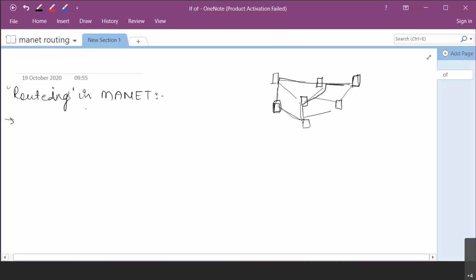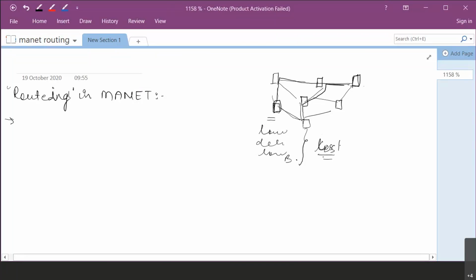Now the problem is which path the sender should choose such that it forwards the packet towards the destination node in an efficient manner, like low delay and low bandwidth. At the end, the average cost should be low.